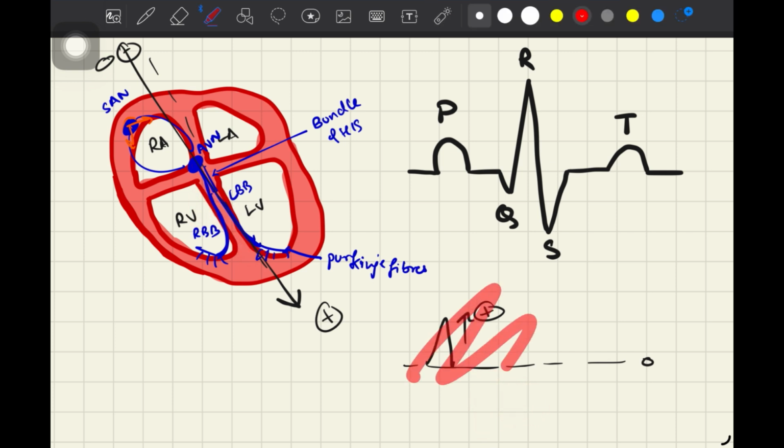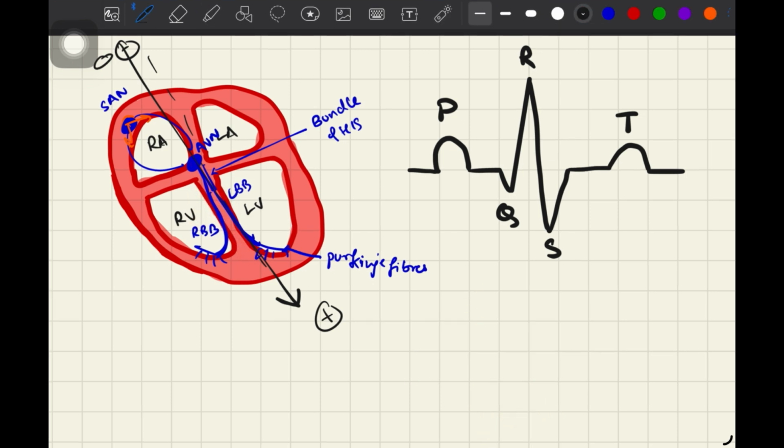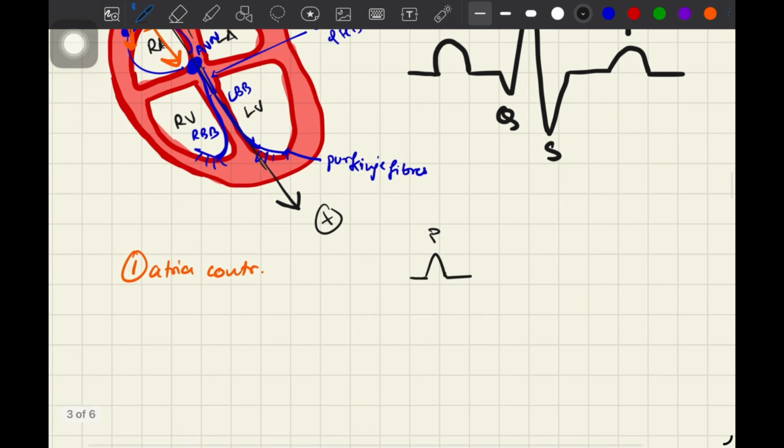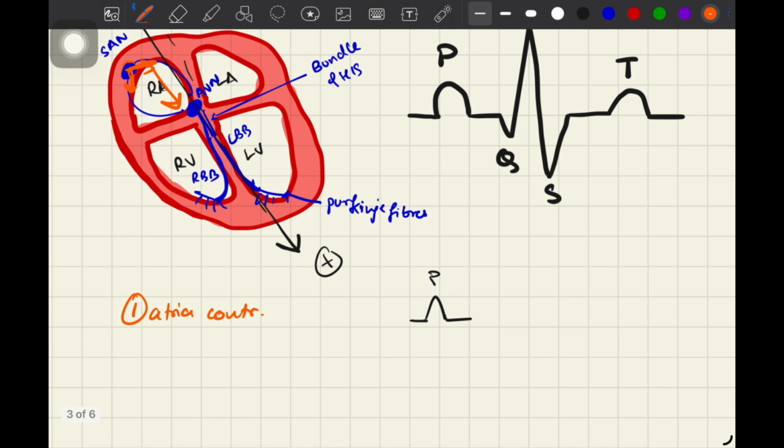So what actually happens? First, the SA node will send out a signal causing the atria to contract, right atrium first. The atrial contraction is along the lead 2 vector, so there is a positive deflection, and this is known as the P wave. The P wave depicts atrial contraction. Once the signal comes from the atria, it comes to the AV node.